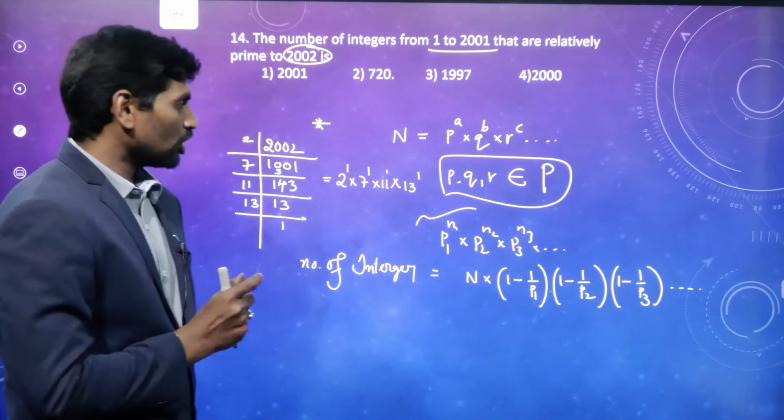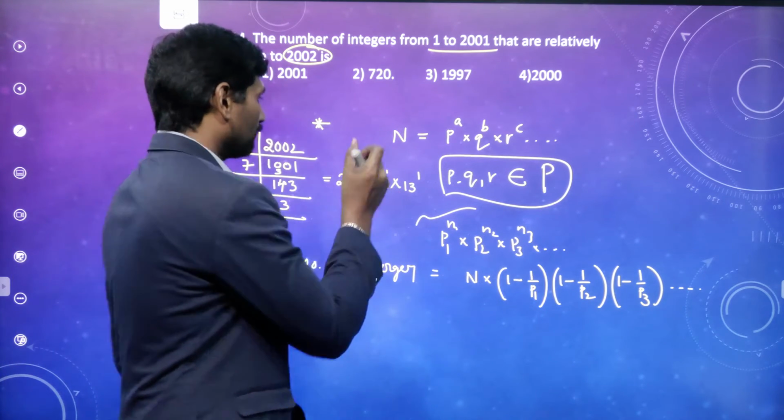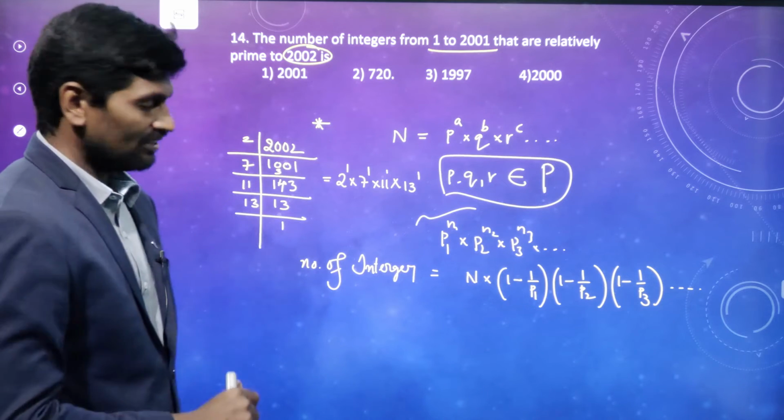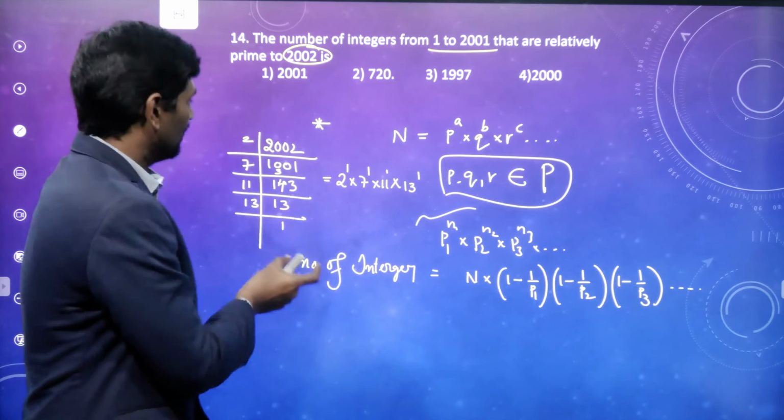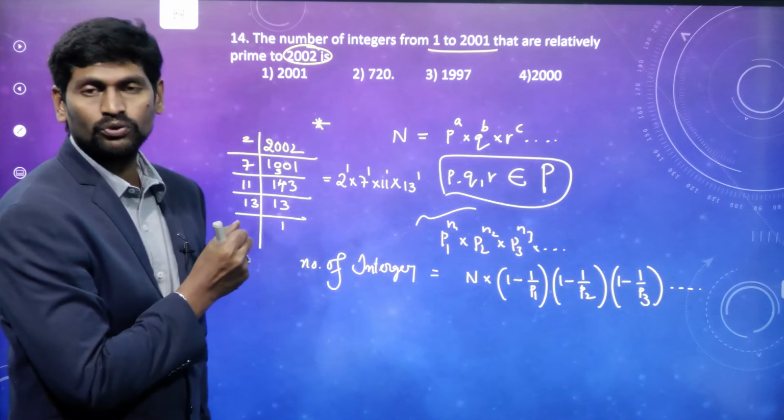We are not considering any exponents here. We are just checking the prime numbers present in the factorization of 2002.